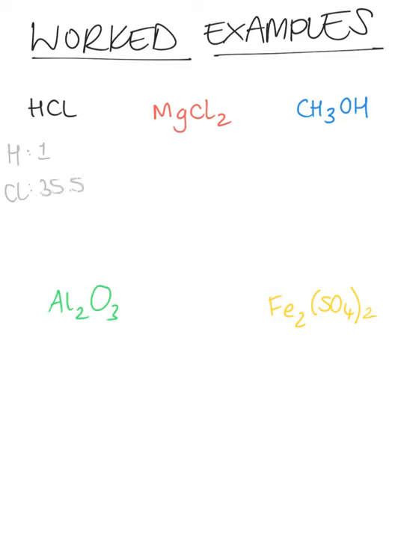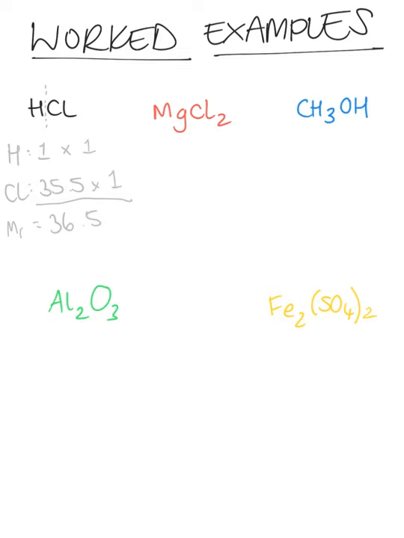If you split this up into its two elements, you will see that there are no little numbers attached to either of those elements. So there is actually just one of each of those elements, okay? So essentially we are adding 1 to 35.5, which gives you the Mr of 36.5.